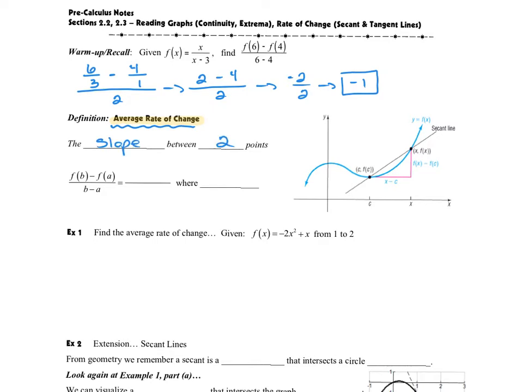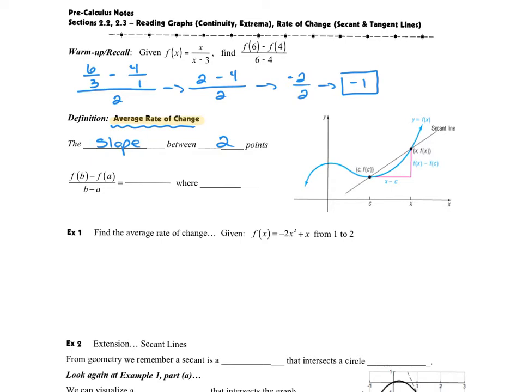Now, we've done slope since we were in Algebra 1. What makes this interesting is that the formula for average rate of change is given right here, and what you'll notice is that this formula is actually the same thing that we just evaluated up above. So in our warm-up, we actually calculated an average rate of change.